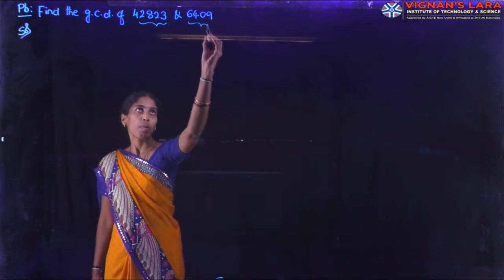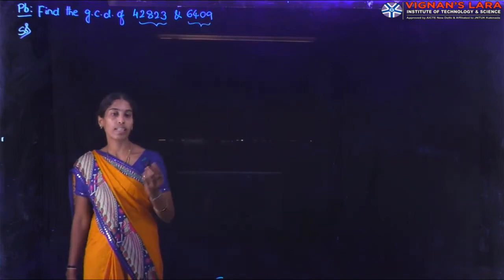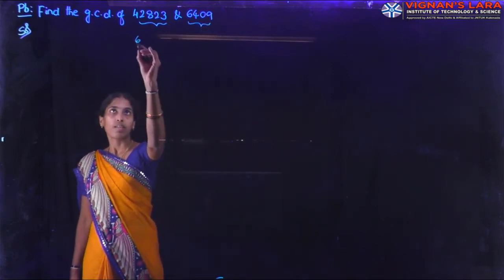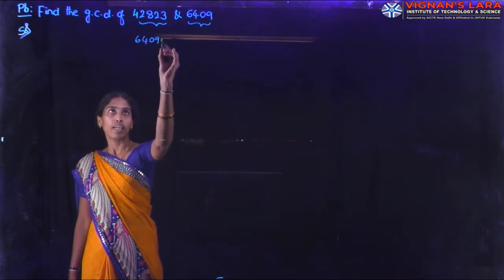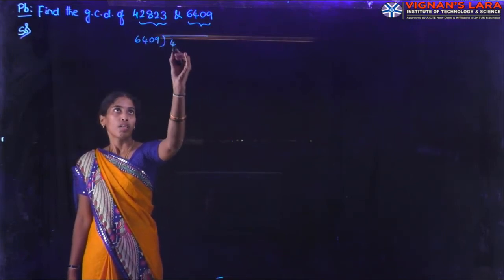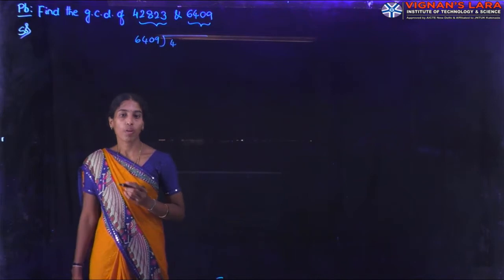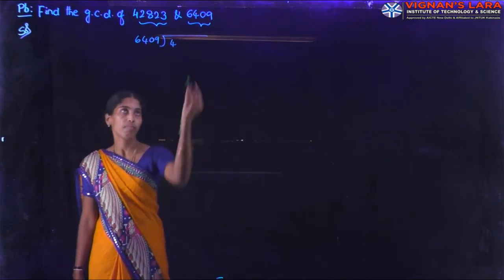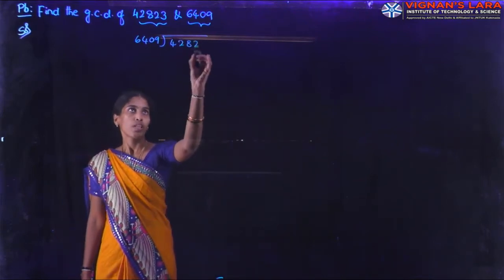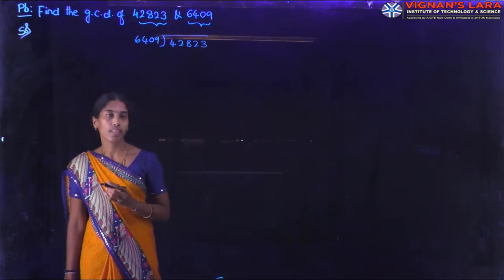Between these two numbers, the smallest integer is 6,409. So take this 6,409 as a divisor. 42,823 is the dividend.